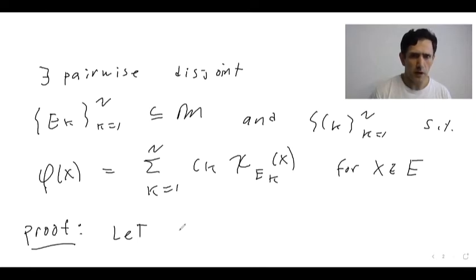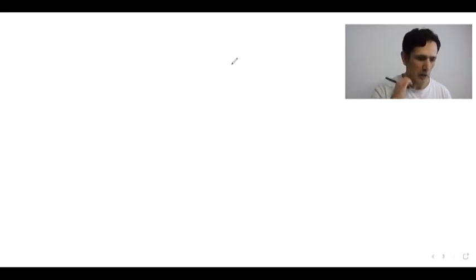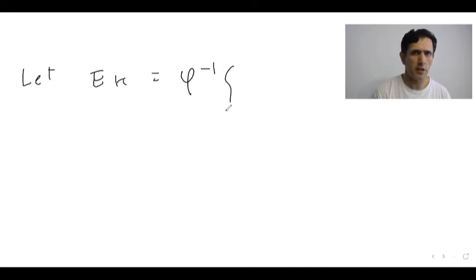Yeah, so the proof is just, let's say for phi, the image is just c_1 through c_n, and let's assume that these are all distinct. And let's say E_k is the inverse image of the singleton c_k.